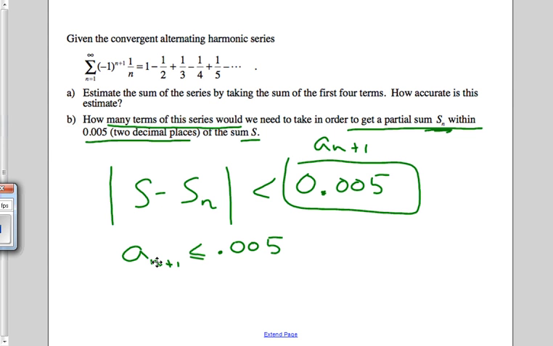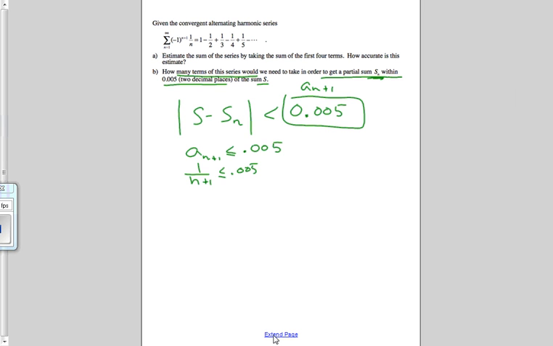Ignoring the alternation of positive and negative, a sub n plus 1 is just 1 over n plus 1, and that needs to be less than or equal to 0.005. So we just need to solve this inequality for n, and it's a rational inequality.